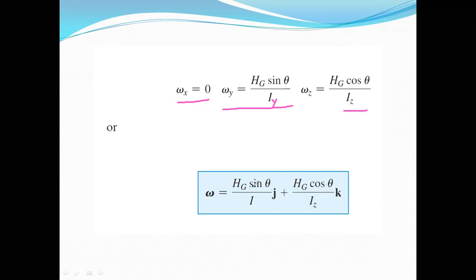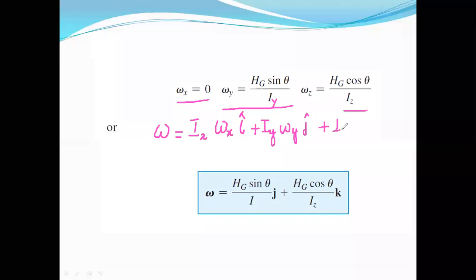Now the total omega is, as we have just written, Ix omega x along I cap plus Iy omega y along j cap plus Iz omega z along k cap. Now omega x is equal to 0, therefore this entire component is 0.